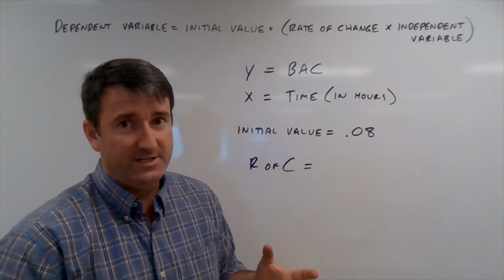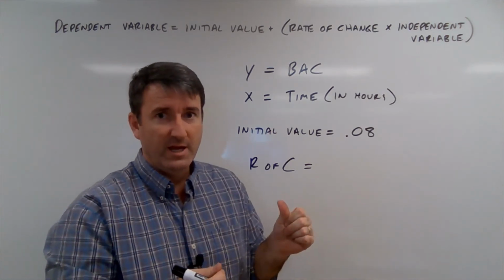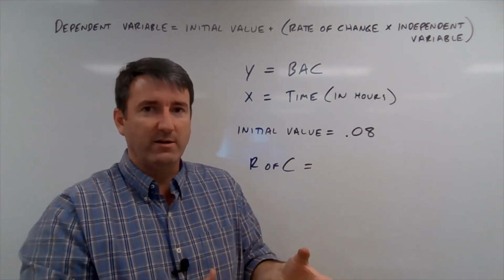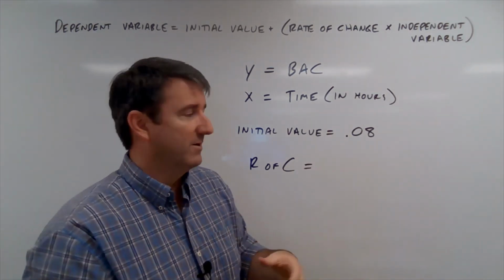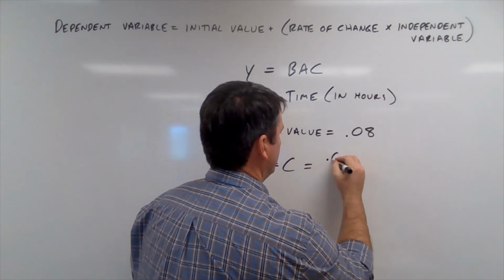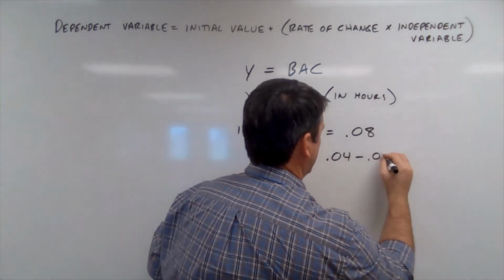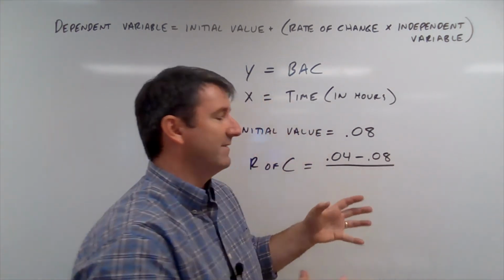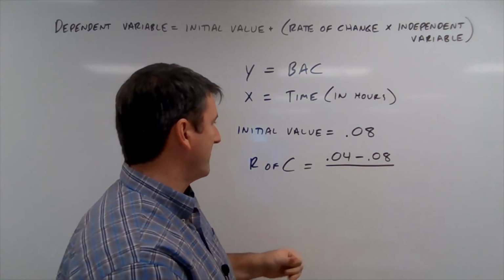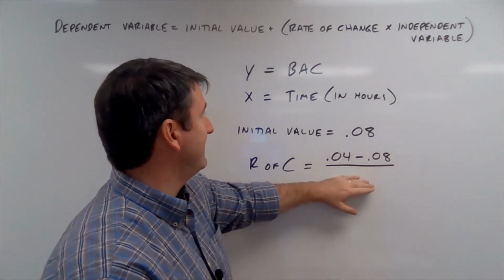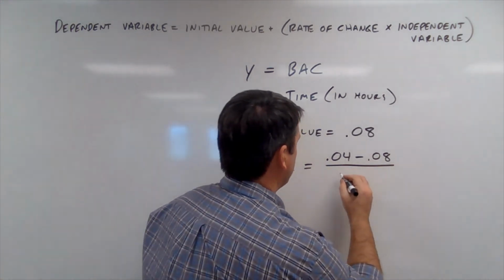Our rate of change is going to be the change in the dependent variable. So what happened with our blood alcohol content? Well, we started at 0.08, we ended at 0.04. So we're going to take our ending amount, 0.04, and subtract our beginning amount, 0.08. That's going to give us the change in blood alcohol content over that time. And we're going to divide that by the amount of time that has elapsed.